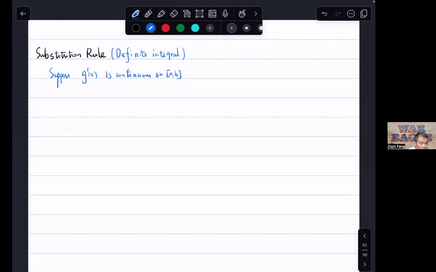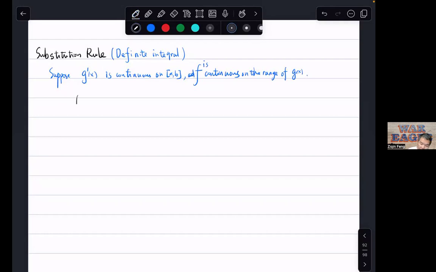And also f is continuous on the range of g of x, because it's a combination of two functions, right? And now we can do the substitution.